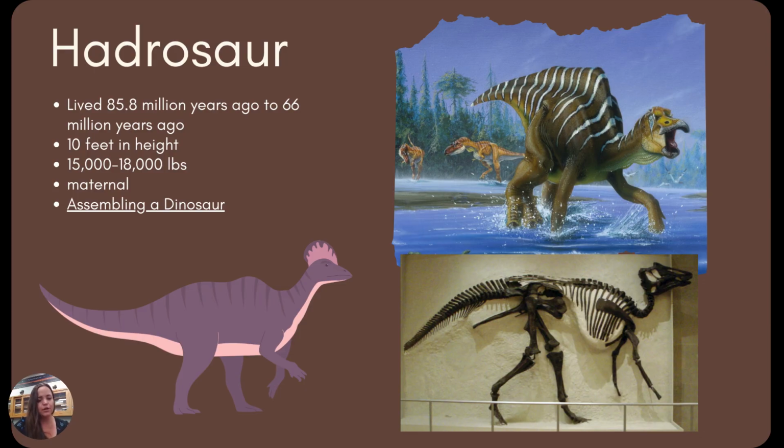They've learned through trace fossils and the ways in which the fossils were preserved that they seem to be very maternal. A lot of them were found around their nests where they would have had their eggs. So it's very interesting to learn that a dinosaur or an organism outside of a human would be that maternal. And there's a video there about how they assembled one in a museum.